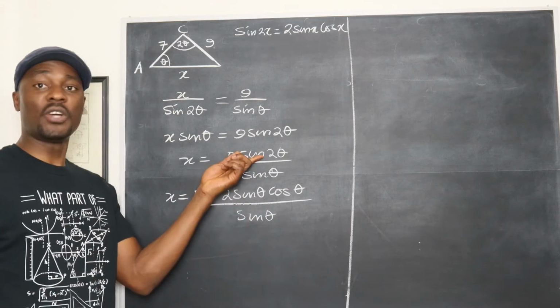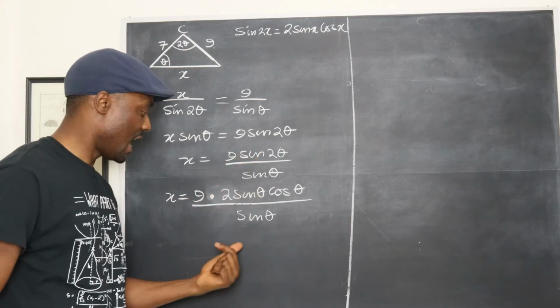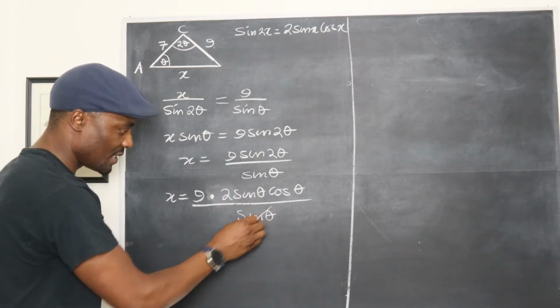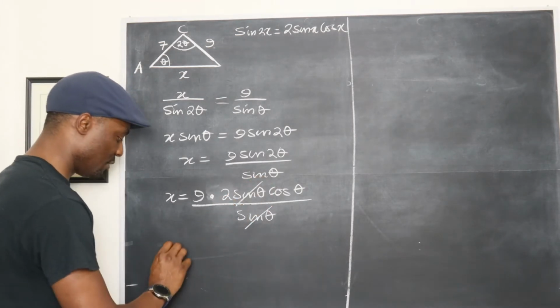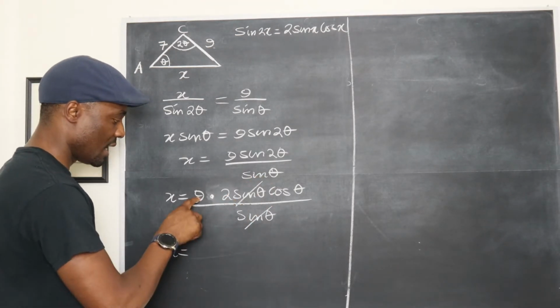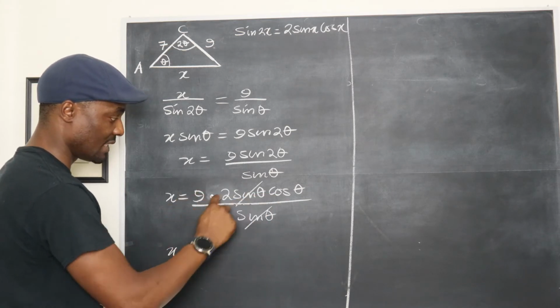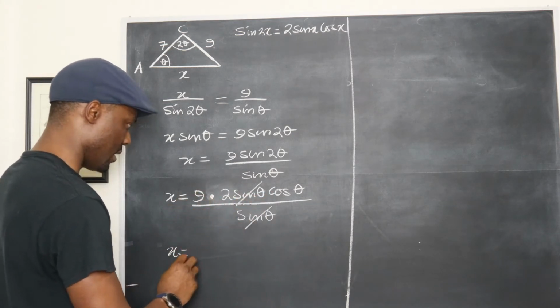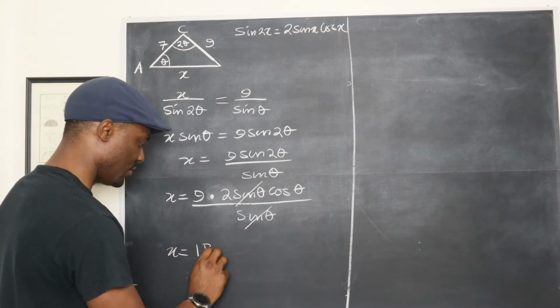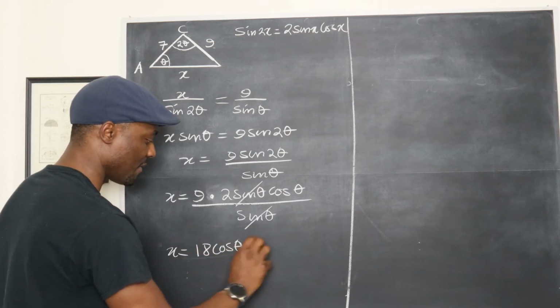So we have rewritten the double angle using the identity. I can cancel this out, and this leaves me with x equals 9 cosine theta, or 9 times 2, that's 18 cosine theta. That's interesting, 18 cosine theta.